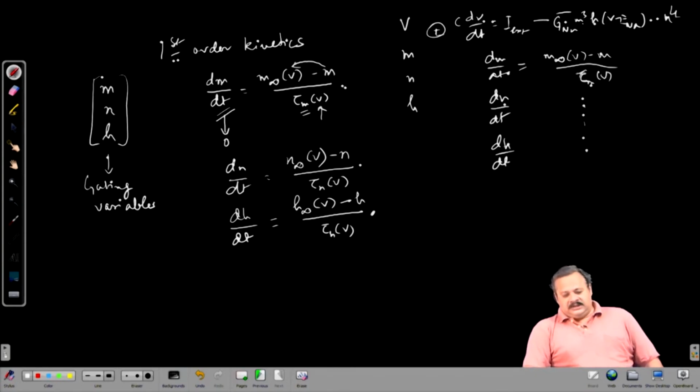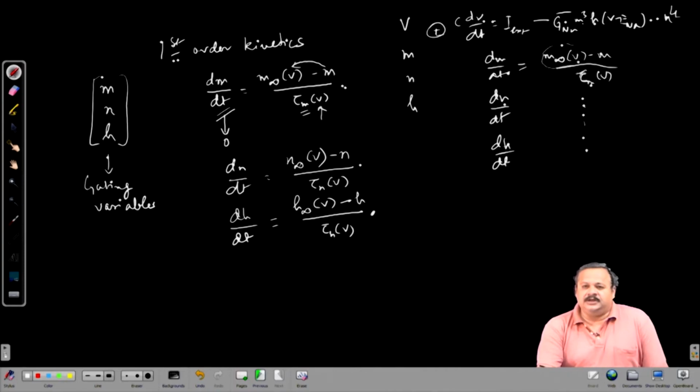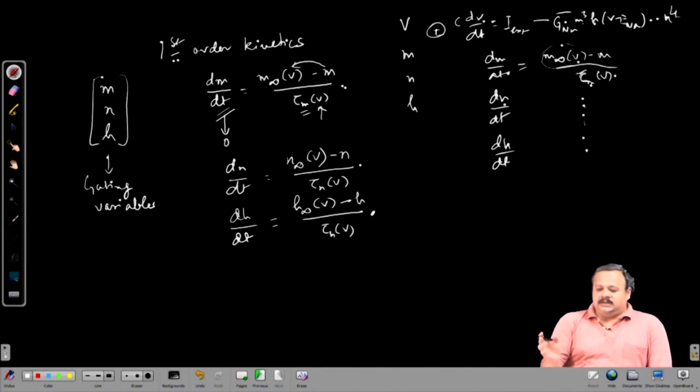So, this set of differential equations cannot be solved analytically. As you can imagine, the m infinity as a function of voltage, this relationship needs to be known in order to solve this system of equations. Similarly, tau m V also needs to be known in order to solve these equations, and so for all the other gating variables.